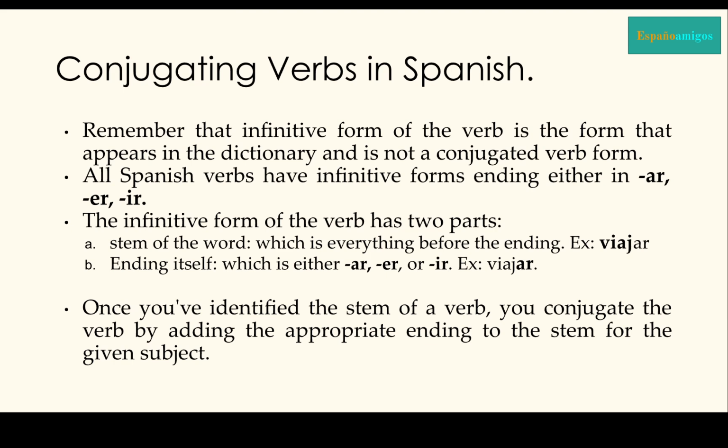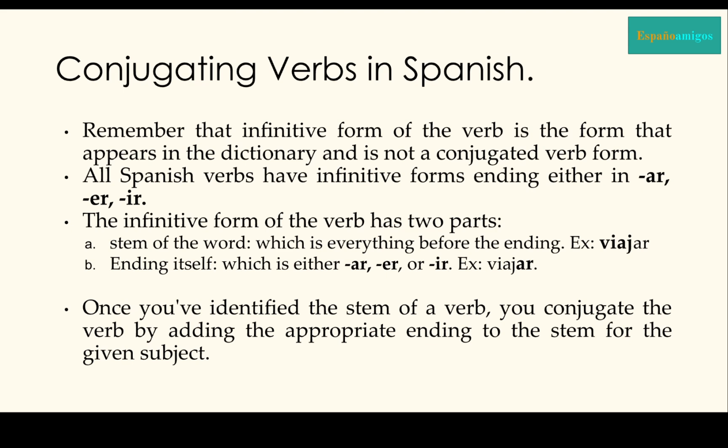The stem of the word, which is everything before the ending, as you can see in bold letters, the verb viajar, to travel. Then we have the ending itself, which is either ar, er, or ir. For example, viajar: ar is the ending, and viaj is the stem of the word.